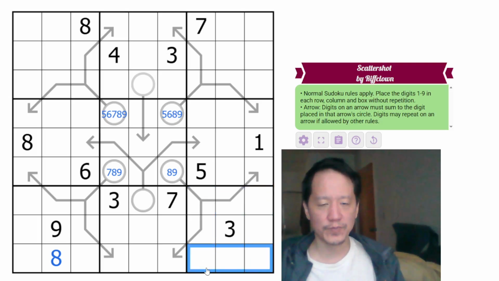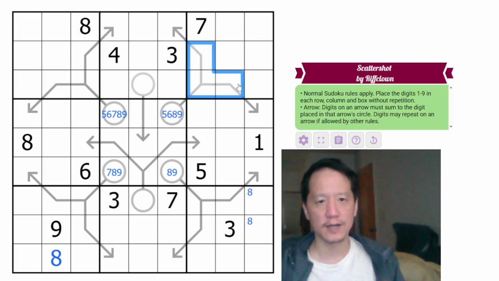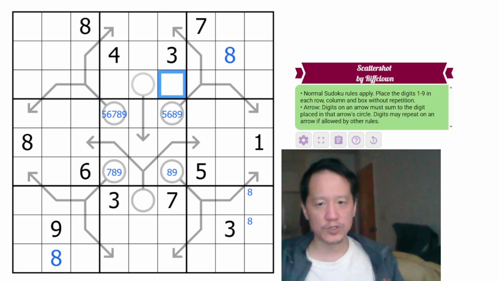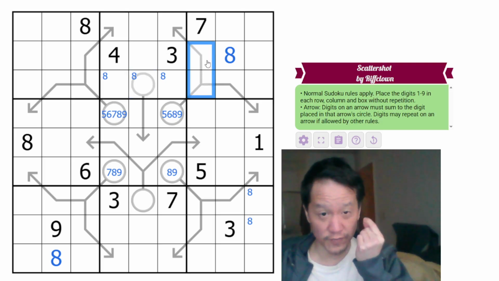Again, where is the 8 in this box? Cannot be here, cannot be along the arrow, so it must be one of these two cells. And similarly, 8 can't be here because it must be one of those two cells, and 8 can't be along the arrow, so it must be here. So this must be 8, which means 8 could be in a circle, that's fine, but it cannot be along the arrow if there are 3 digits along the arrow.